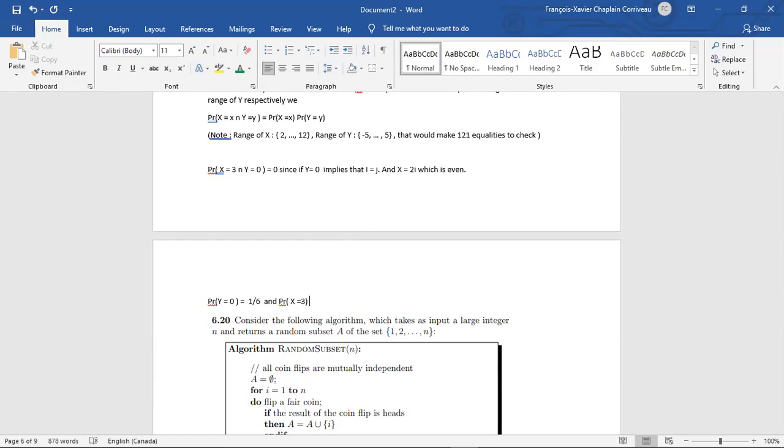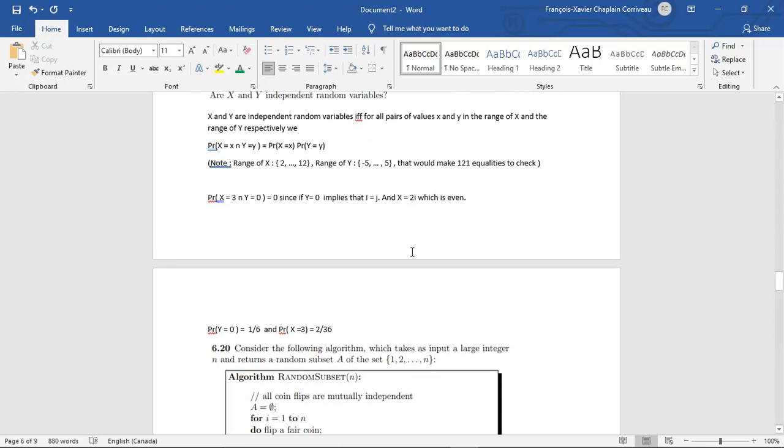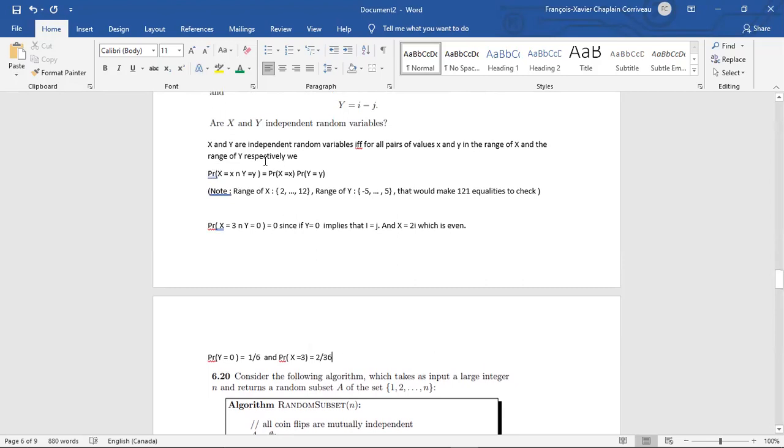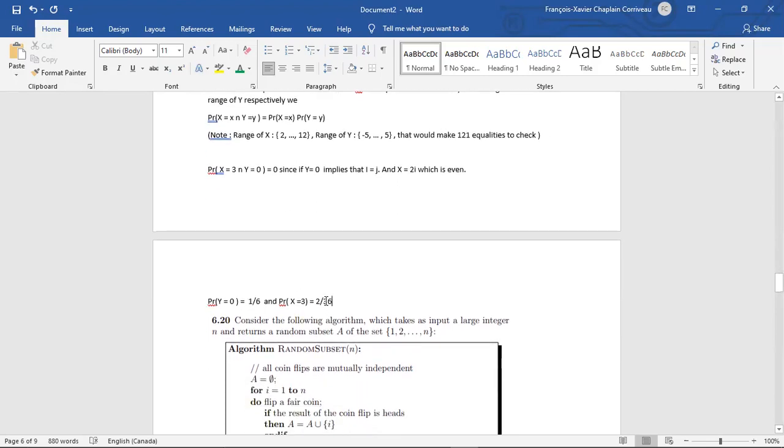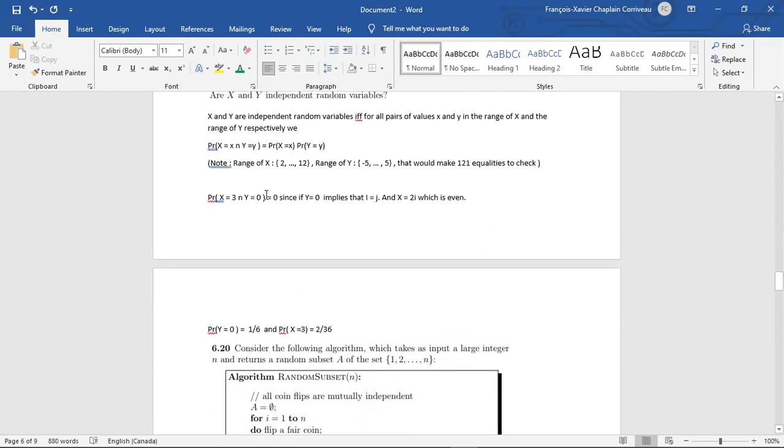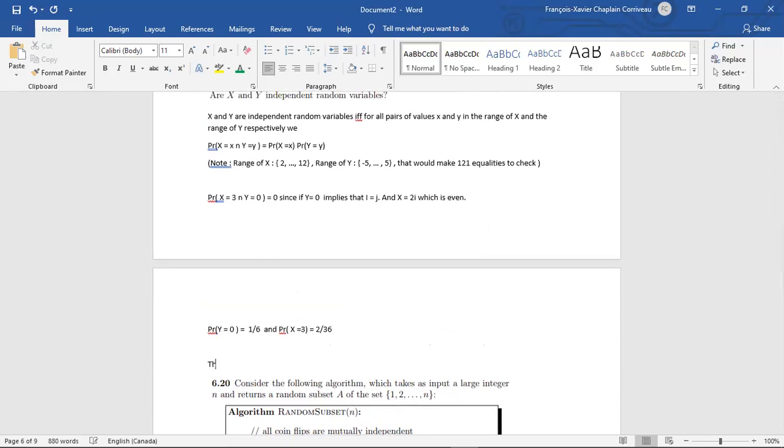Right? You get 2 1 or 1 2. So this is equal to 1 over 18, or if you prefer, 2 over 36. And so you know that your equality is not verified. 1 over 6 times 2 over 36 is not equal to 0. So X and Y are not independent variables.